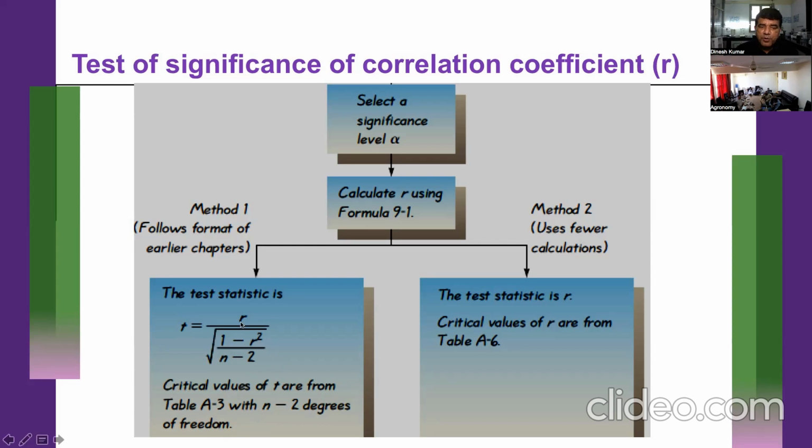Now you can put the r value. r was 0.991. Put 0.991 here, n is the number of pairs of observations, and then you can calculate the t value at n minus 2 degrees of freedom. If your t calculated is greater than the t table value, then it is significant. Otherwise, it is non-significant. So this is one method.